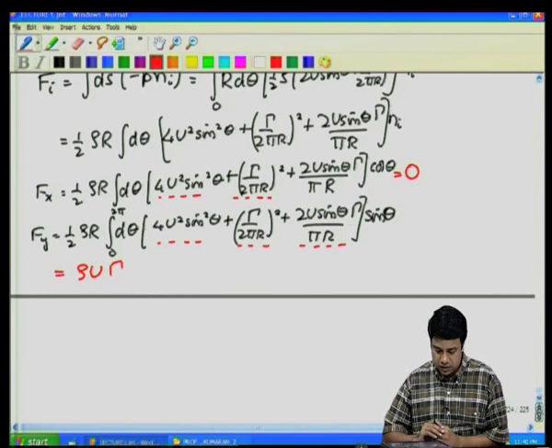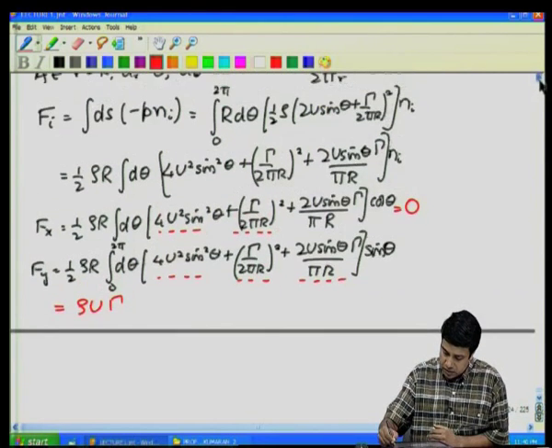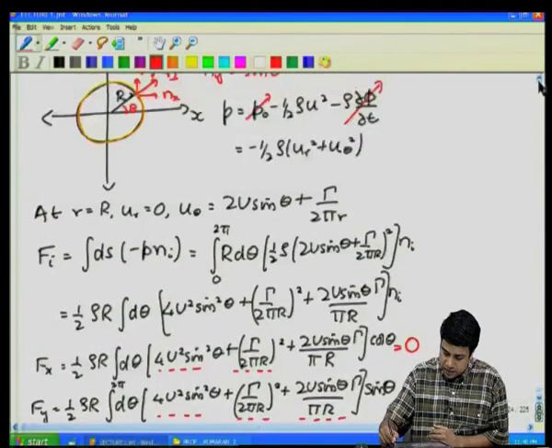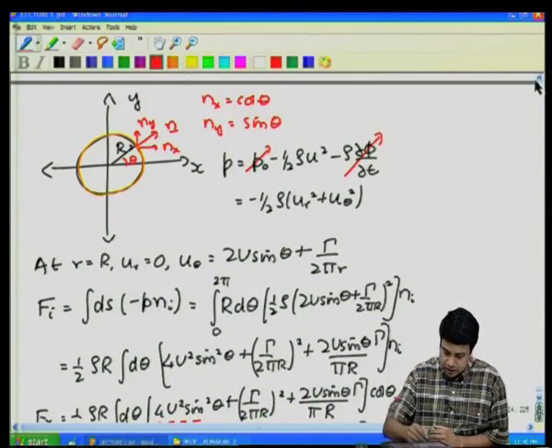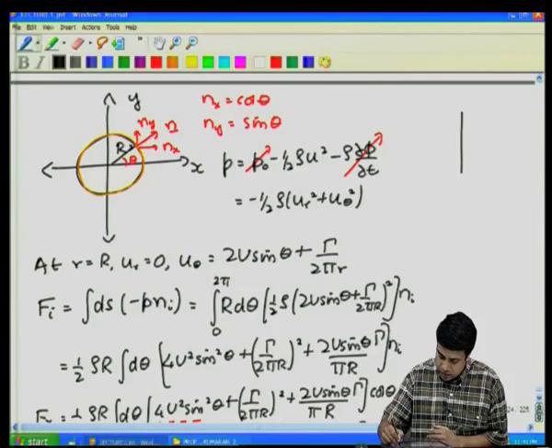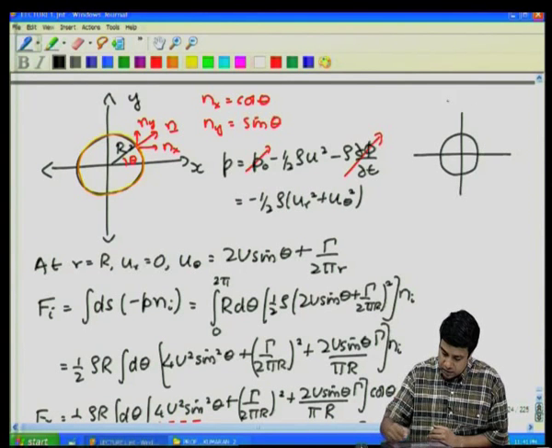So, what I have found is that the force in the x direction is equal to 0, the force in the y direction is equal to rho u times gamma, where u is the velocity far away and gamma is the circulation. So, to put this in perspective, I have a cylinder in which there is a velocity coming in far away.